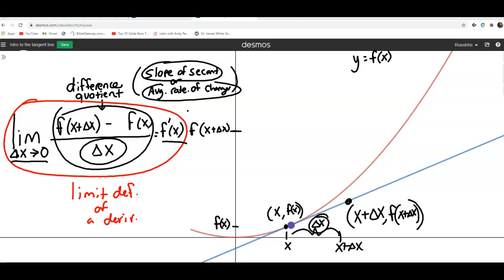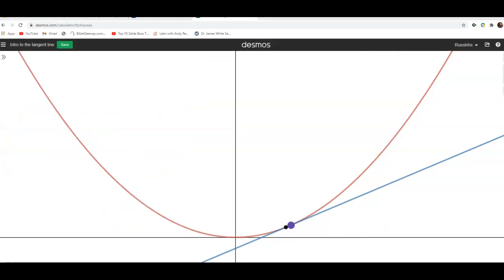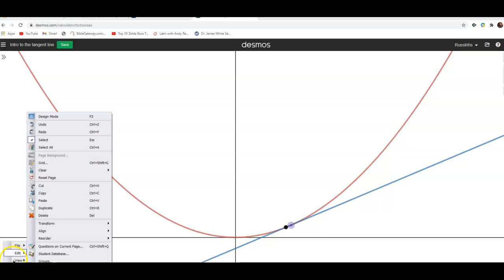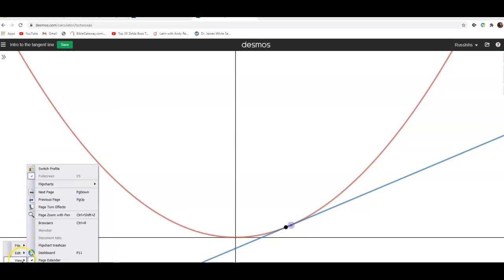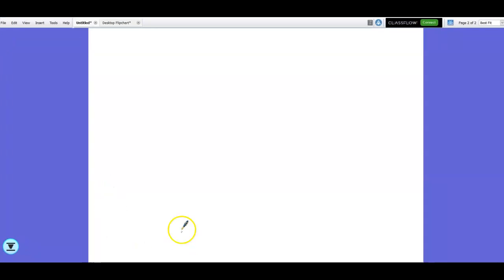So that's our introduction to the lesson. Now, what we're going to be doing for the rest of the day is finding some slopes, some derivatives, but we're not going to use our old shortcuts that we know. Instead, we're going to use the limit definition of a derivative. So let's go ahead and begin here.